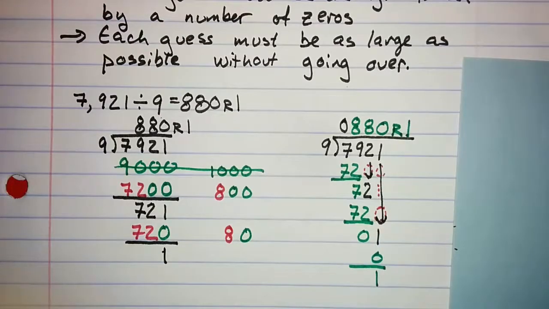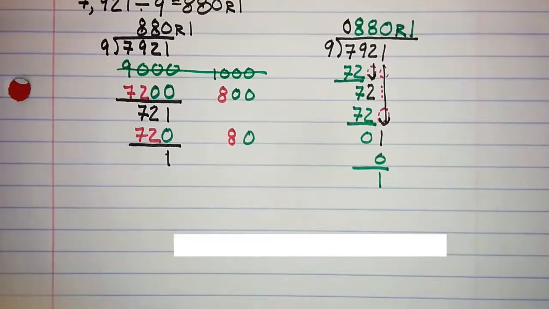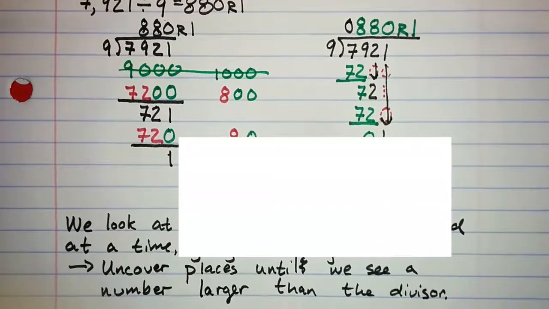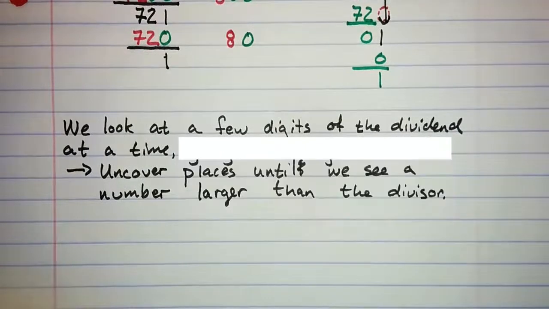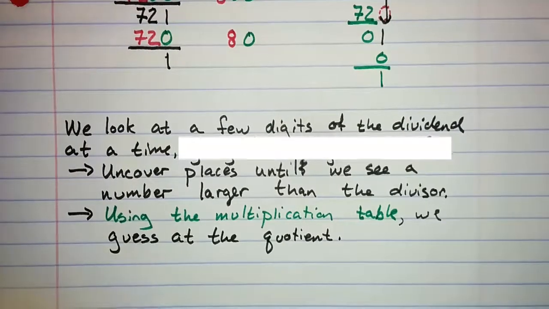So what's the procedure here? We're only looking at a few digits of the dividend at a time. First, we uncover places until we see a number larger than the divisor. Then, using the multiplication table, we make a guess at the quotient.